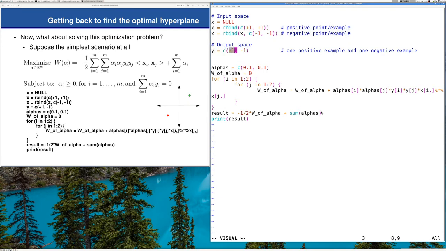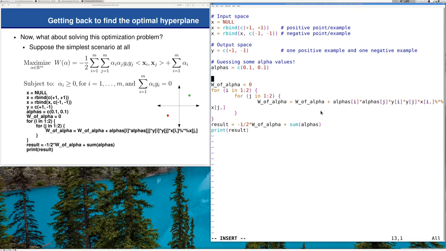This is the definition of a vector C, if you don't know R. Here I'm just guessing some alpha values just to test.